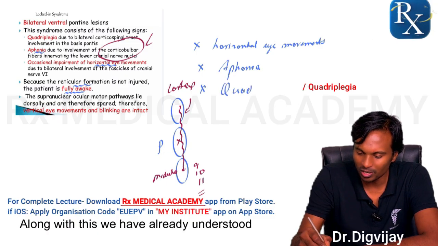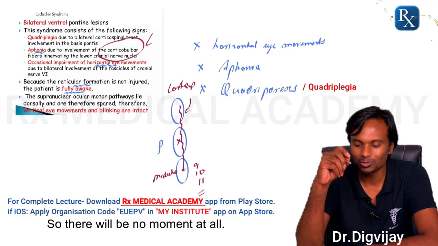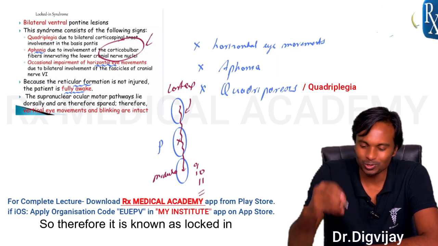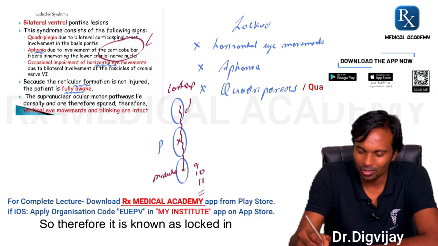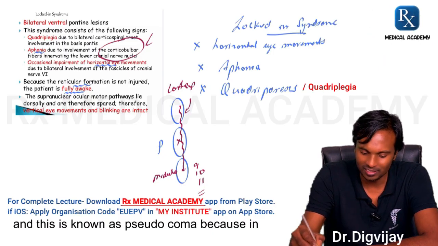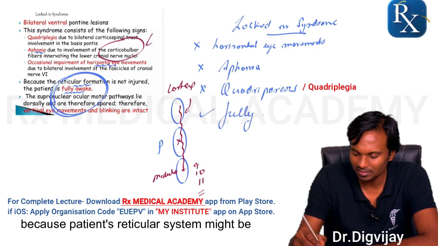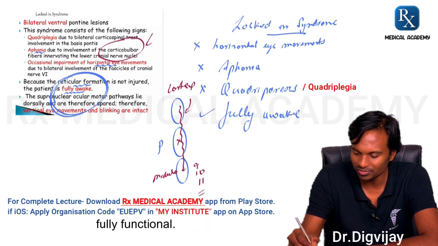Along with this, we have already understood that this patient will have quadriparesis. So there will be no movement at all. Therefore, it is known as locked-in syndrome. And this is known as pseudocoma because in this case, the patient might be fully awake because the patient's reticular system might be fully functional.